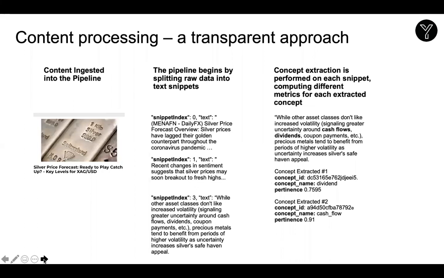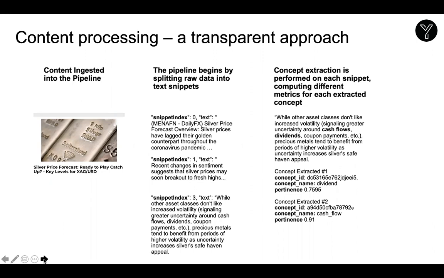Looking here at how content is processed, on the left-hand side, content is ingested into the pipeline. As we showed on the earlier diagram, it could be any type of unstructured text. It could be anything from a journal abstract to a full journal article, a book chapter, a piece of news, a patent, and so on. So the full text is ingested and is being read algorithmically end to end.